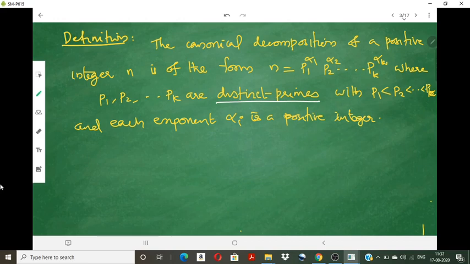So this is the canonical decomposition of an integer or a composite number into primes.